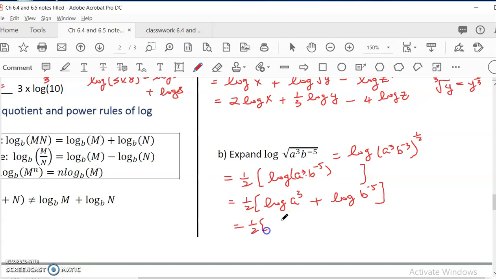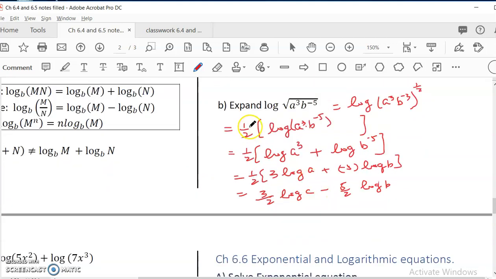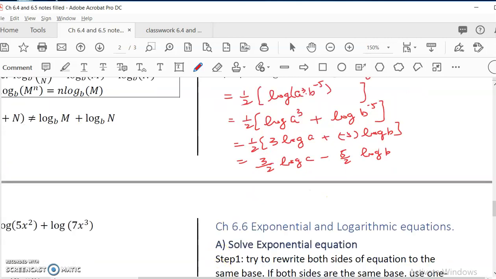So it's 1/2 of 3 log a plus negative 5 log b. If you want to, you can do a distributive property, so it'll be 3 over 2 log a minus 5 over 2 log b. And that's it. That's the full expansion. So if you have a big exponent like a square root covering everything, then you can move it out first, but it would be like a parenthesis.